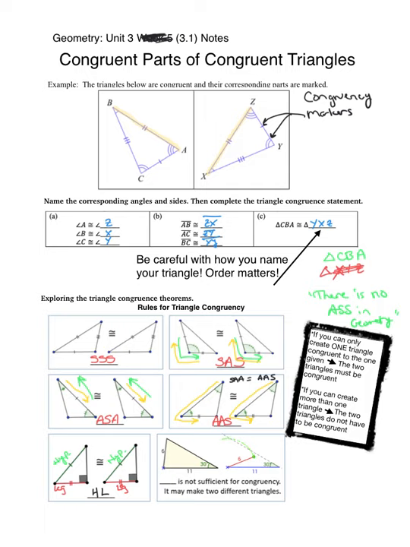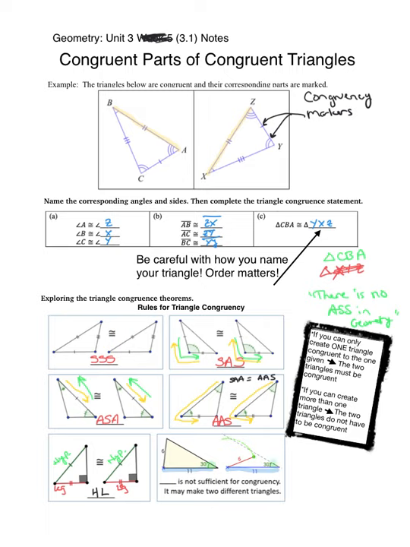Now let's look at this last one. You notice we have two congruency pieces. I'm going to highlight them for you. You have this side. The sides are congruent and the angles are congruent.